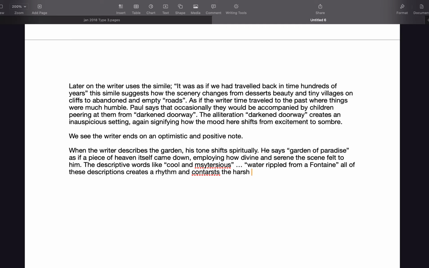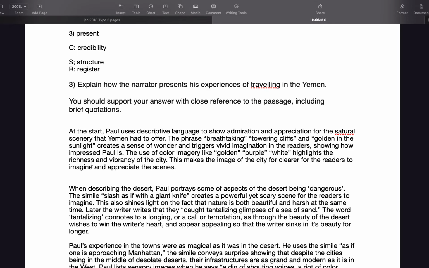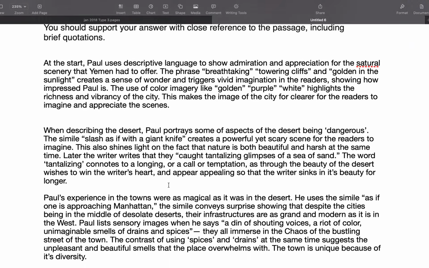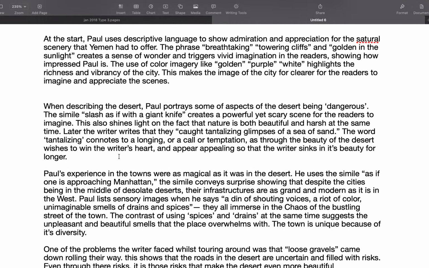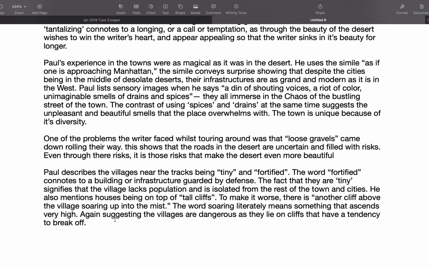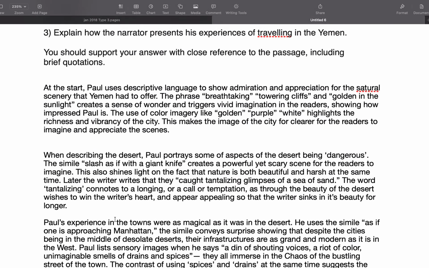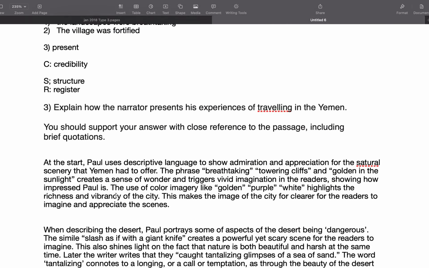Initially when the writer described the desert, the way the writer described some parts of the desert was really dangerous. We did say that the villages were up there, gravel falling here and there, rocks cutting into halves, and all of this signifies harshness and how dangerous the desert is.